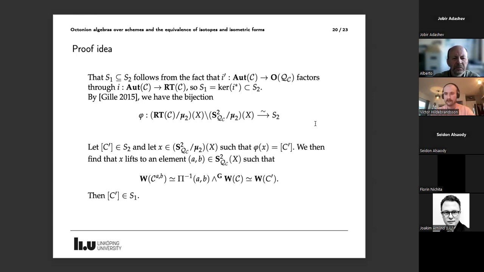Then we find that this x lifts to some pair AB of norm 1, such that we have this isomorphism we proved earlier, and the pair AB lifts to this isomorphism.